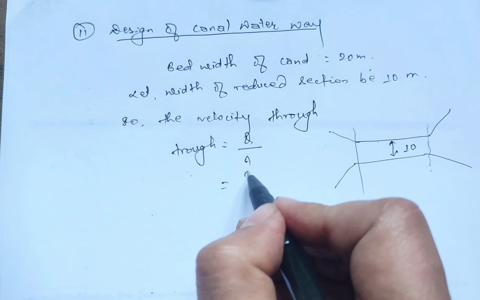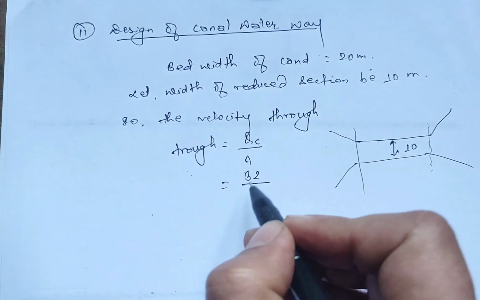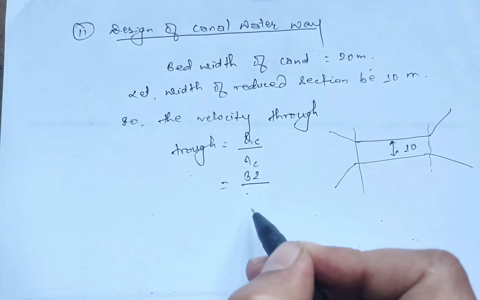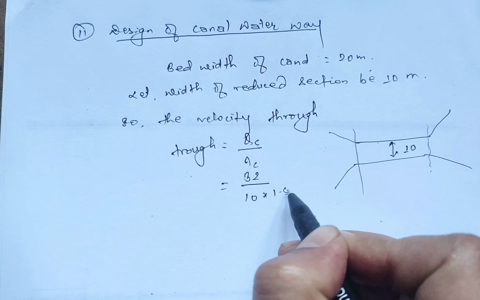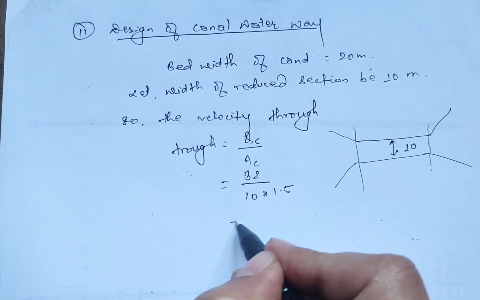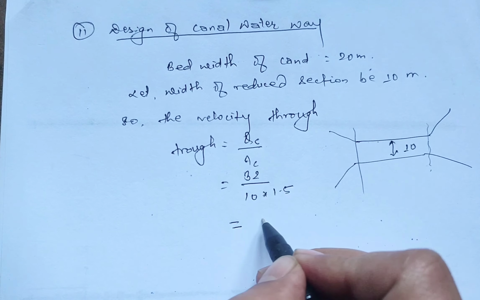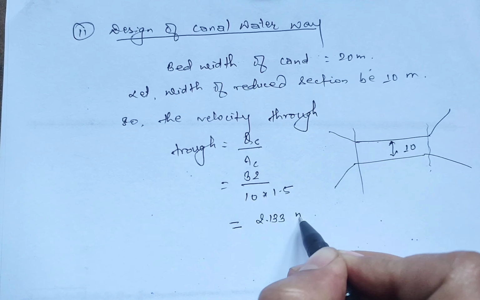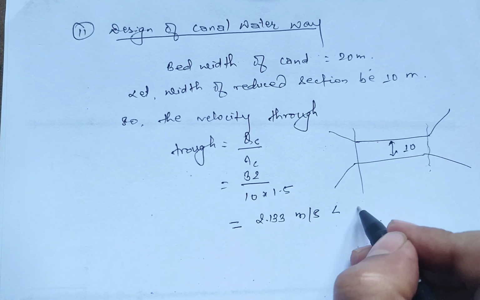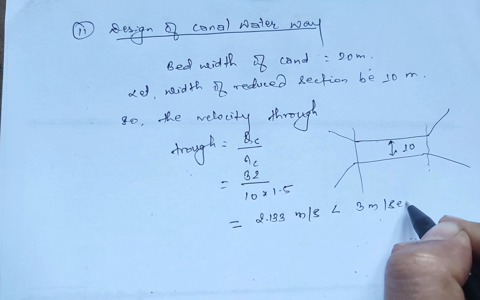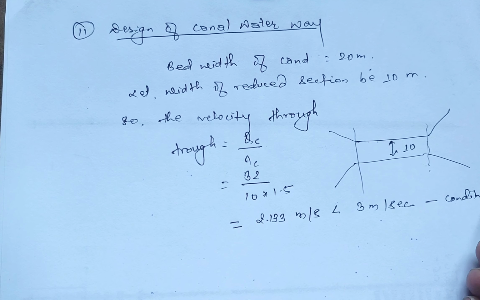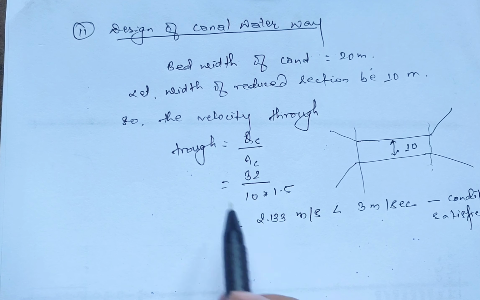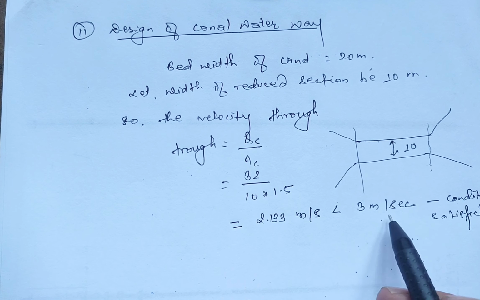The discharge is given as 32 for the canal, and the area is width, assumed to be 10 meter, times depth, given as 1.5 meter. On solving this, the result is 2.133, which is less than 3 meter per second. The condition is satisfied. It means the velocity in the aqueduct should be less than 3 meter per second.